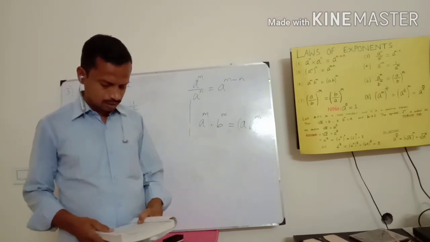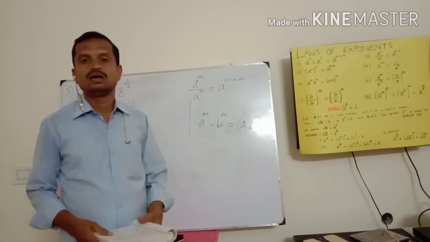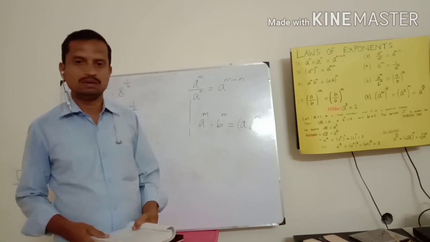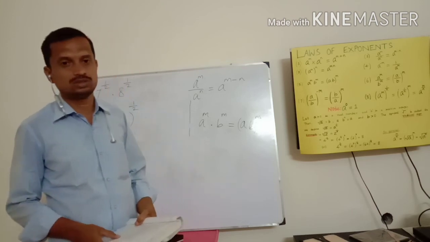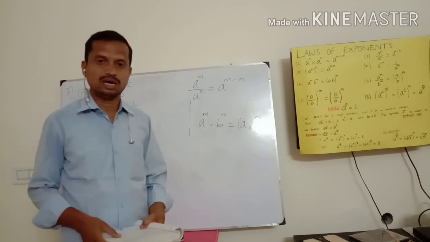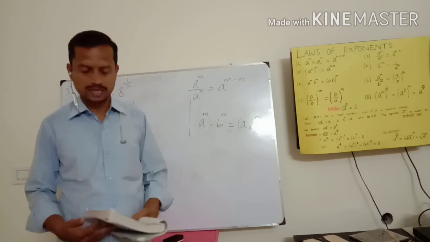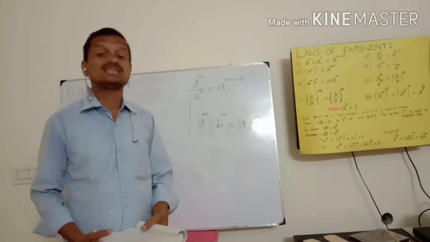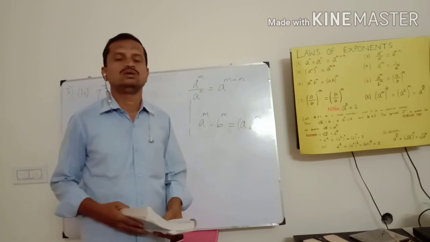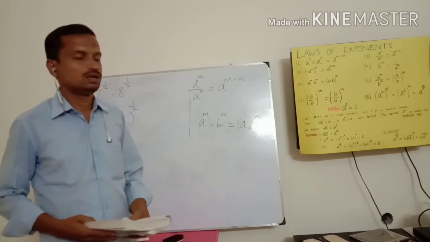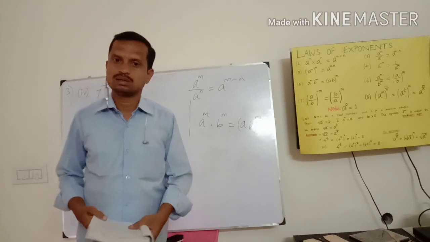And the operations on real numbers, in the previous class we have discussed the operations and their properties, everything. And rationalizing, that is a very important one. You can expect questions in 3 marks, 4 marks.